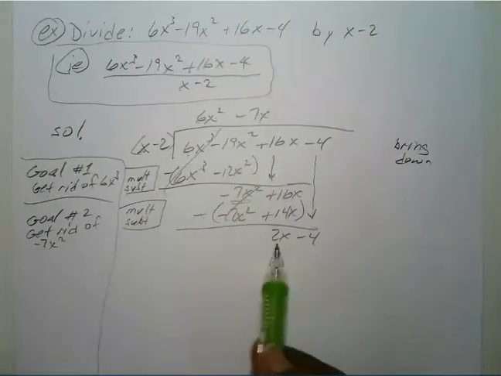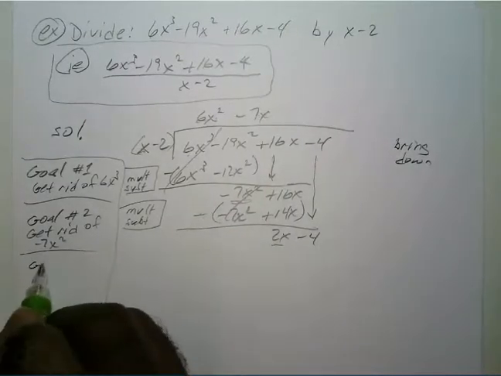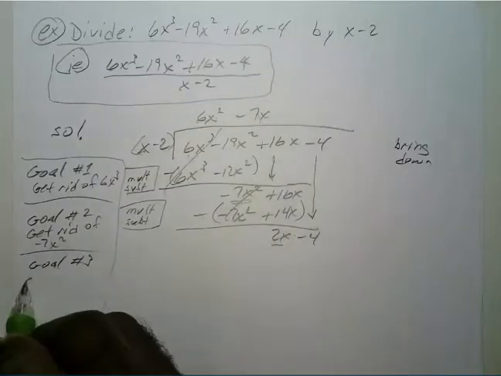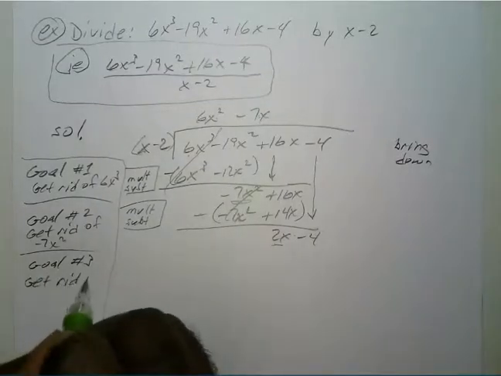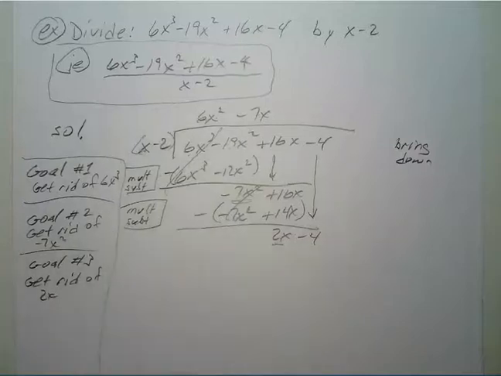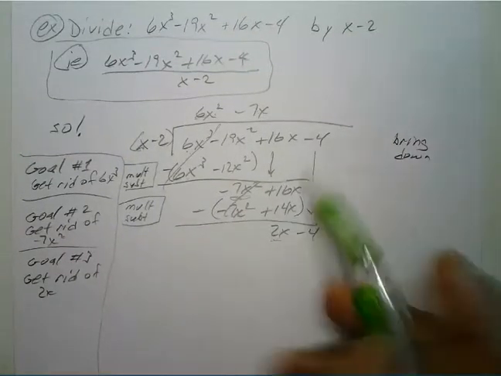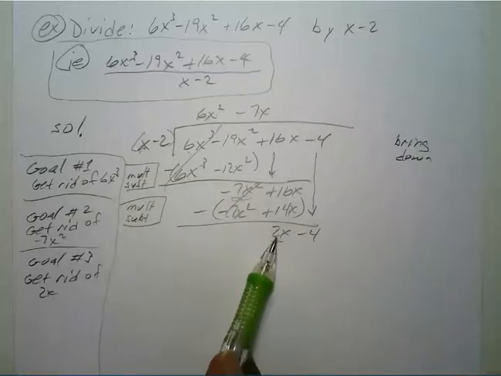Okay, so now goal number 3 is to get rid of 2x. Okay, so what times x will give us 2x? Well, it's positive 2.